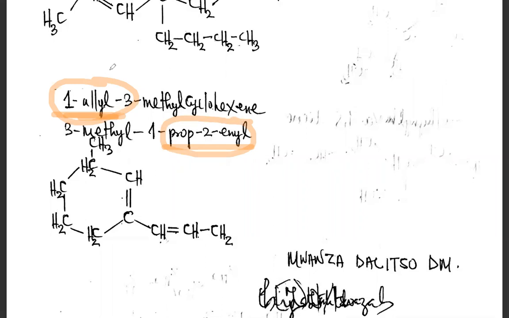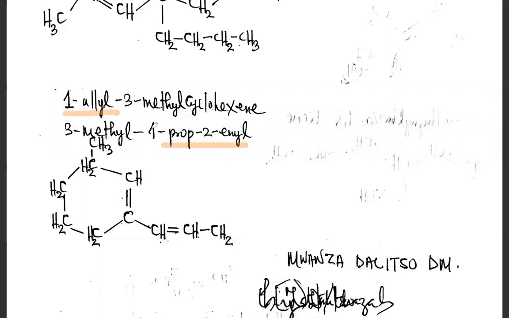That is the reason why even when I was giving the solutions, I was putting both, because it will help you understand where these things are coming from. Because from our lectures, we only had the nom IUPAC. So we are saying our allyl is the same as a propenyl.